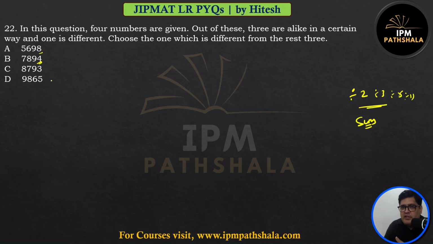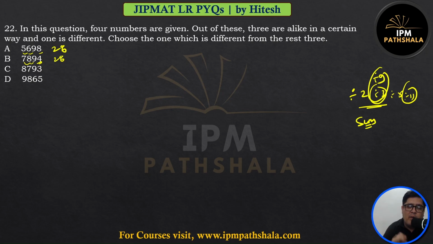If I think about digit sum, because that is more common for divisibility by 3 and 9, usually such 4-digit, 5-digit numbers have divisibility tool attached. Generally, I have seen either 3 or 9 or 11, most common. If I look at these, 5 plus 6, 11, 11 plus 9, 20 plus 8, 28 is the digit sum. 7 plus 8, 15, 15 plus 9, 24 plus 4, 28 digit sum.